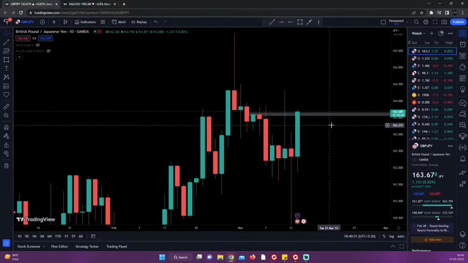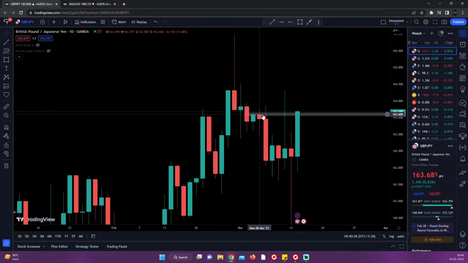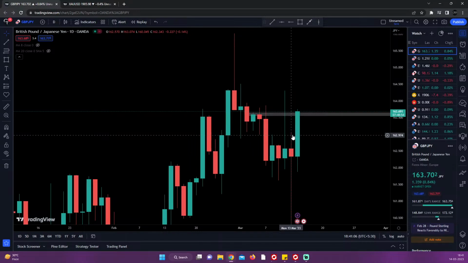We don't know whether today's daily candle will be closing above this area of resistance, or will be retracing back down and closing below it. Because if we look at the previous candles, we can see clearly that they had rejections over here.